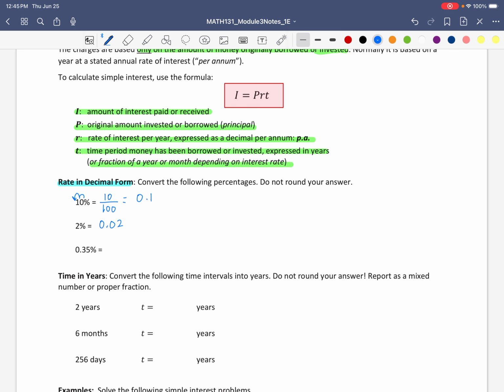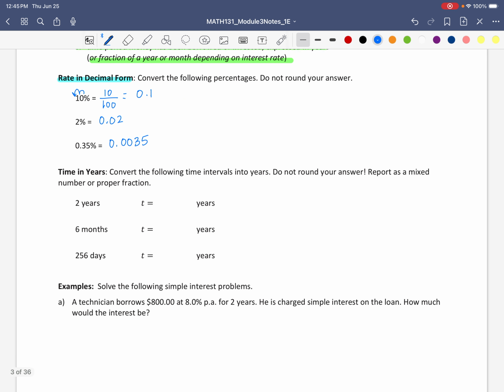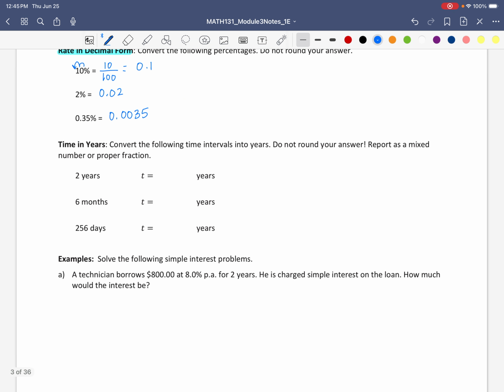So again, you can think about moving the decimal place 2 spots to the left or divide it by 100, which gives us a decimal value of 0.0035. So be mindful that your rate, when you put it into your formula, needs to be in decimal form.